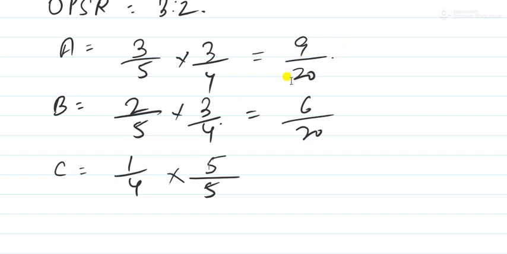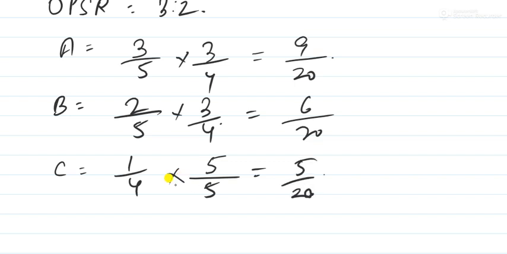Here we could convert the 20 into 4 by dividing by 5, but it would make it very complicated. So instead we convert 1 by 4 into a denominator of 20. To convert 4 to 20 you have to multiply by 5. So the share of C is 5 by 20.